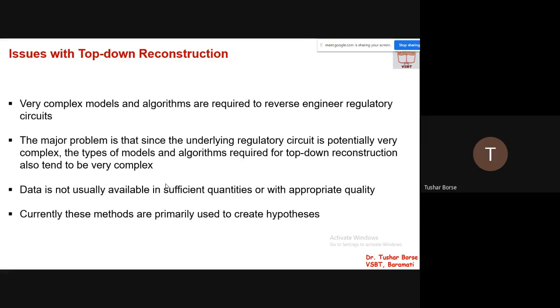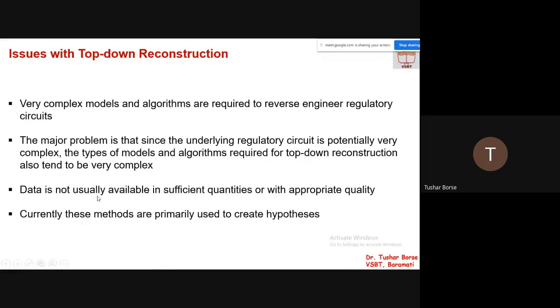But now we are not sure that whatever high throughput data you are getting, whether you are getting the complete information, whether you are getting the correct information. You get the data, you get the information, but you are not sure whether you have got the complete or the correct information. So that becomes one of the disadvantages of this top down reconstruction, right?